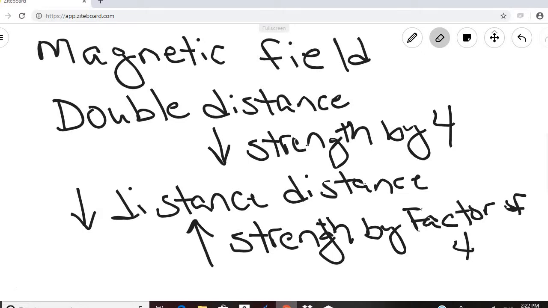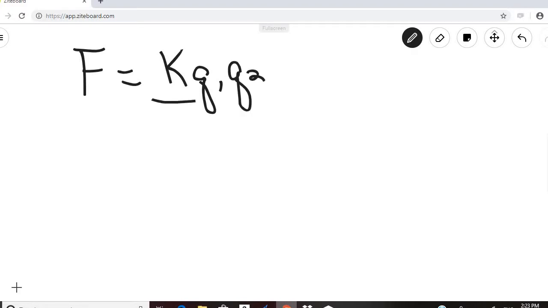So I think it was equation 13.1. I can try to put that up for you. So you remember this equation, F is equal to K times Q1 Q2 divided by R squared.